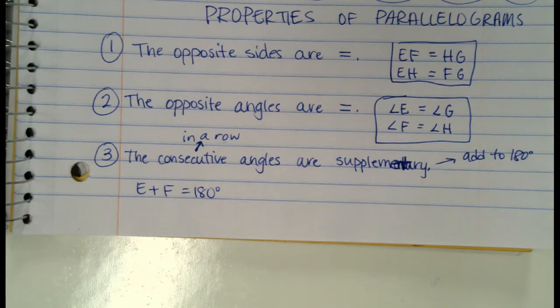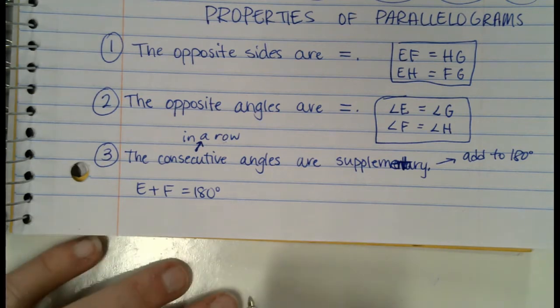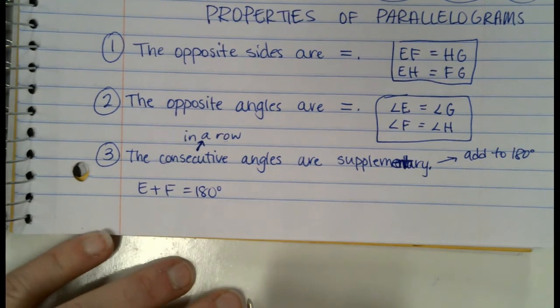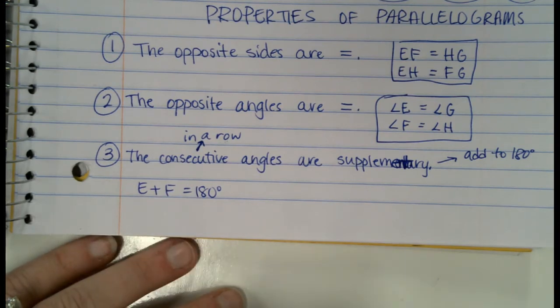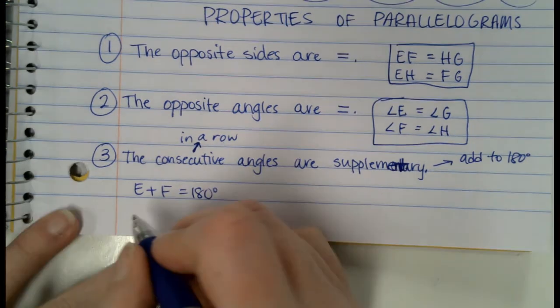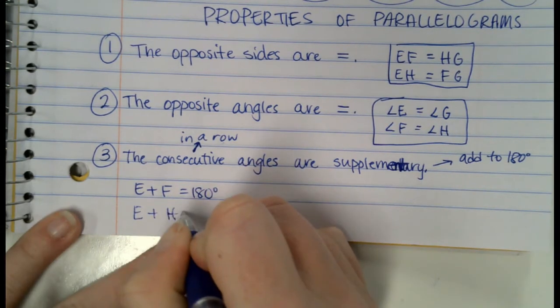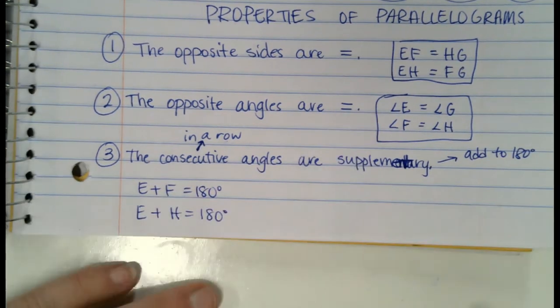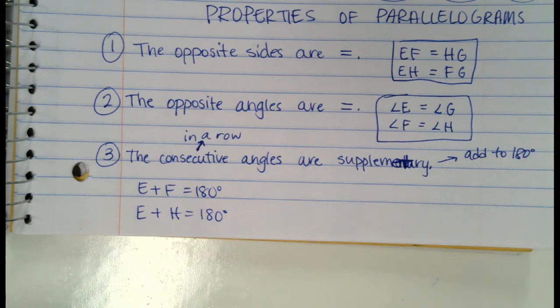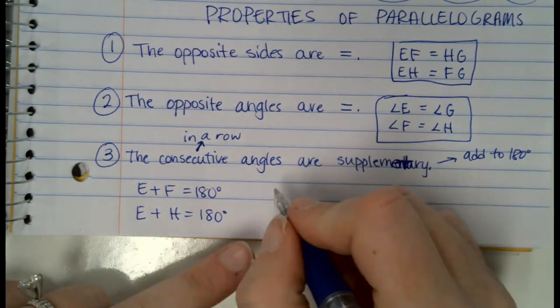So E is beside F, but E is also beside which other angle? Help me out. What other angle is beside E? H. So E plus H is also 180 degrees. How about F plus G?